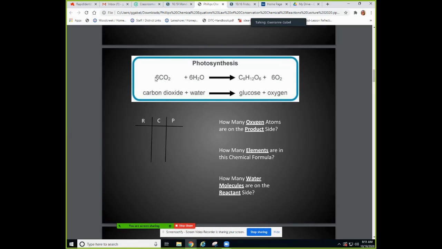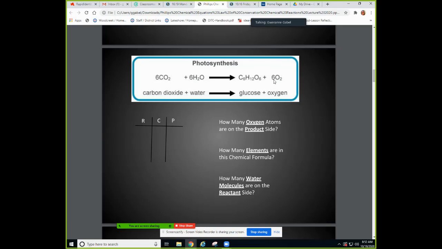On the reactant side, I have 6 carbon atoms. This coefficient tells me I have 6 carbon atoms. If I look on my product side, I have 6 carbon atoms due to that subscript. Okay? I have 2 times 6, 12 plus 6, 18 oxygen atoms on the reactant side.